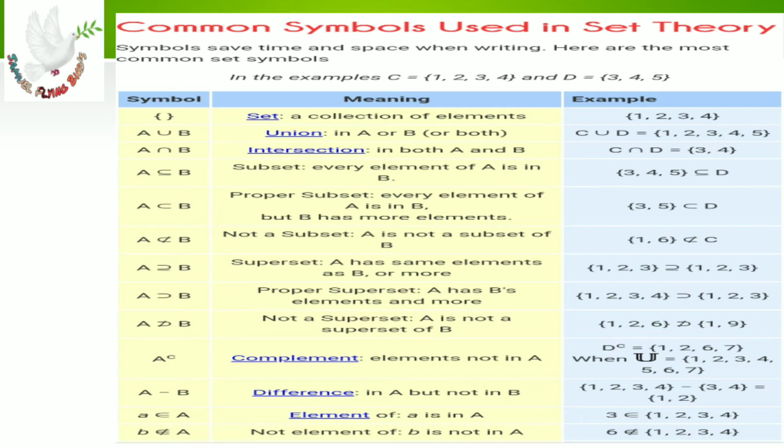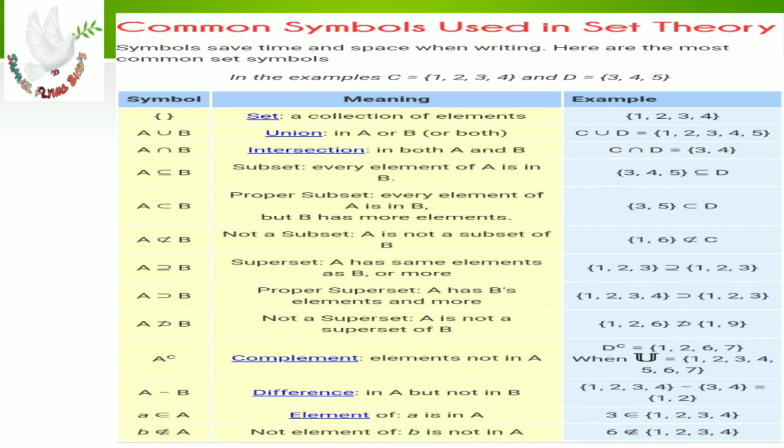Coming to the first one, with curly brackets, we call it a set: a collection of elements. For example, {1, 2, 3, 4}. For the second one, A union B. The meaning is union: in A or B or both.